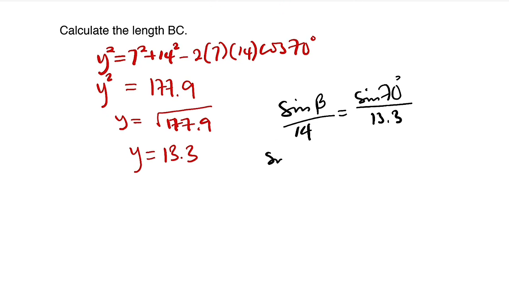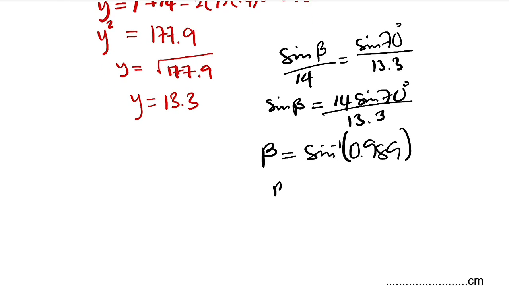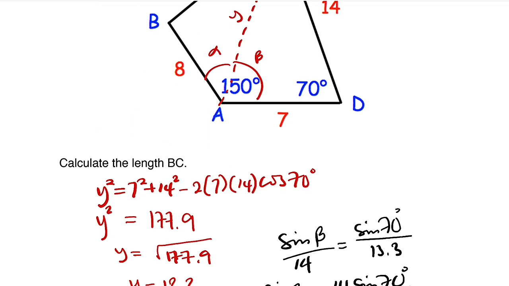So sine beta is equal to 14 multiplied by sine of 70 degrees divided by 13.3. The whole of this is equal to 0.989, but I'm going to take sine inverse of that value. So beta would be equal to 81.49 degrees.